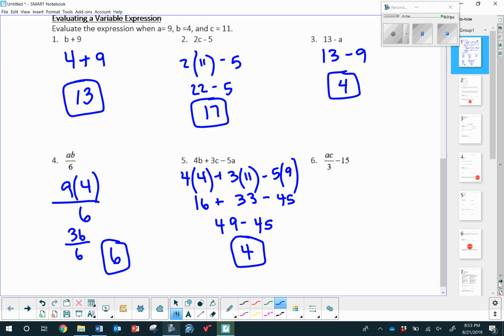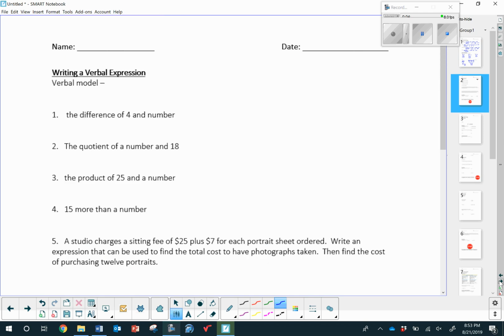All right, I'm going to move on to page 2 on the back there, and we're going to start with another definition.